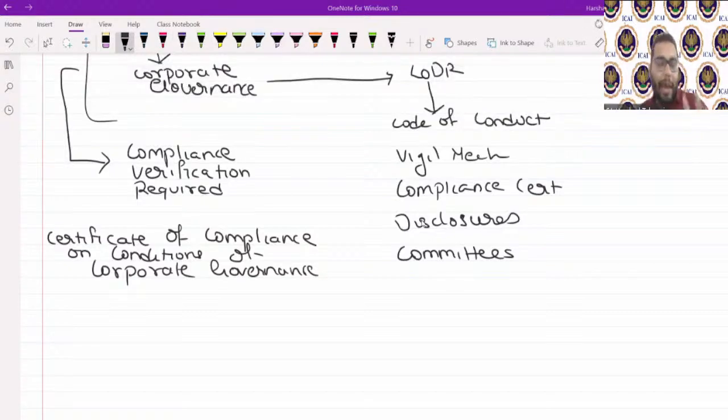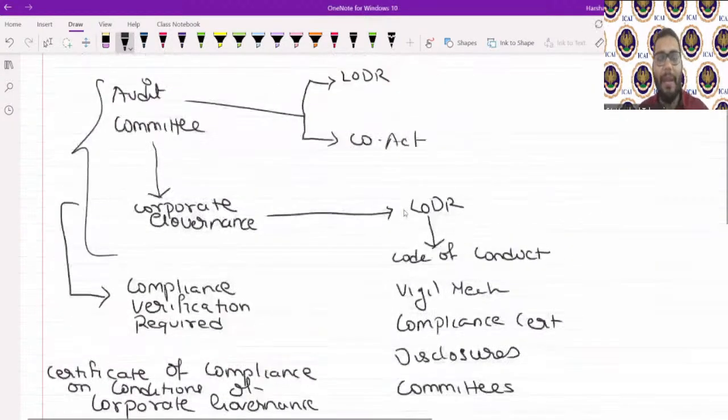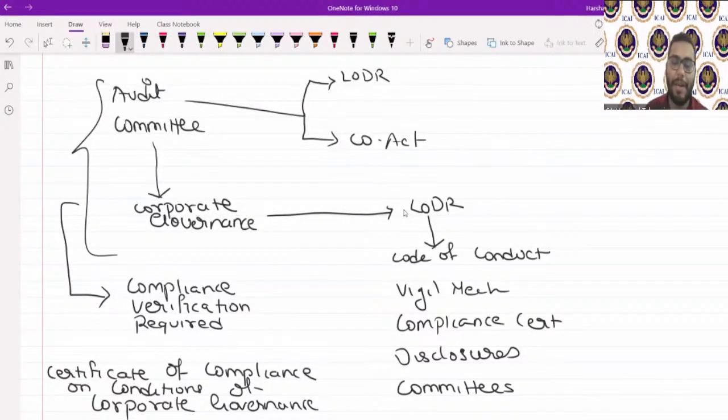Now, there are two persons who play an important role in this certificate. One is the auditor, and another is the audit committee. So that's why we will be understanding the audit committee, their roles and responsibilities from the Companies Act and LODR side, and their role in this certification. Number 2, the auditor's role in this certification. Number 3, this certificate is on corporate governance, so we need to understand what corporate governance is, and this certificate is required as per LODR.